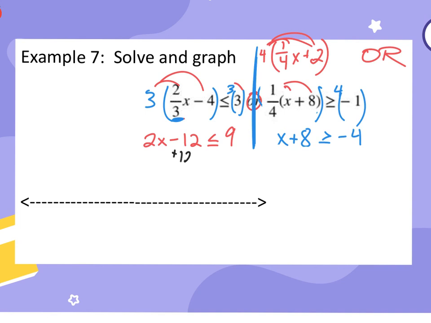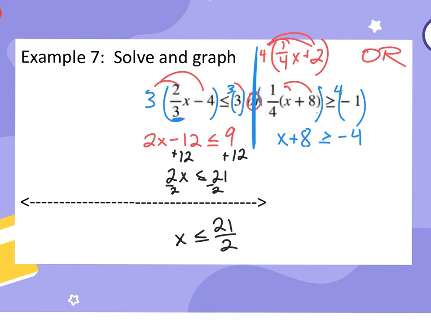Now we're just going to solve these. 2x is less than or equal to 9 plus 12, which is going to be 21. Divide by 2, divide by 2. We end up with x is less than or equal to 21/2. I'm just going to leave it like that. 21's not an even number.